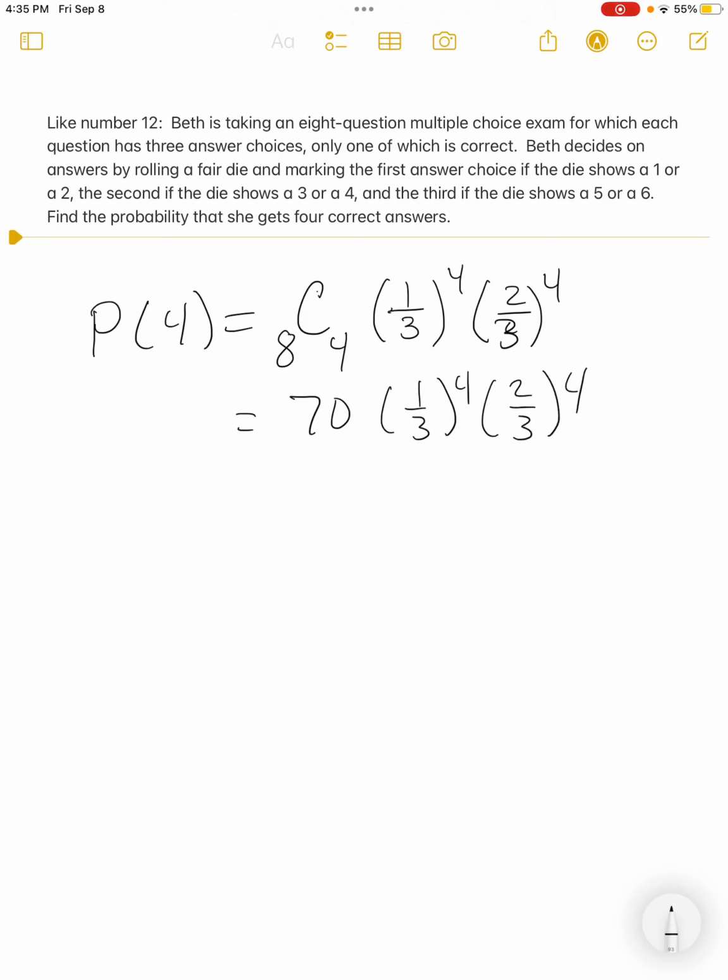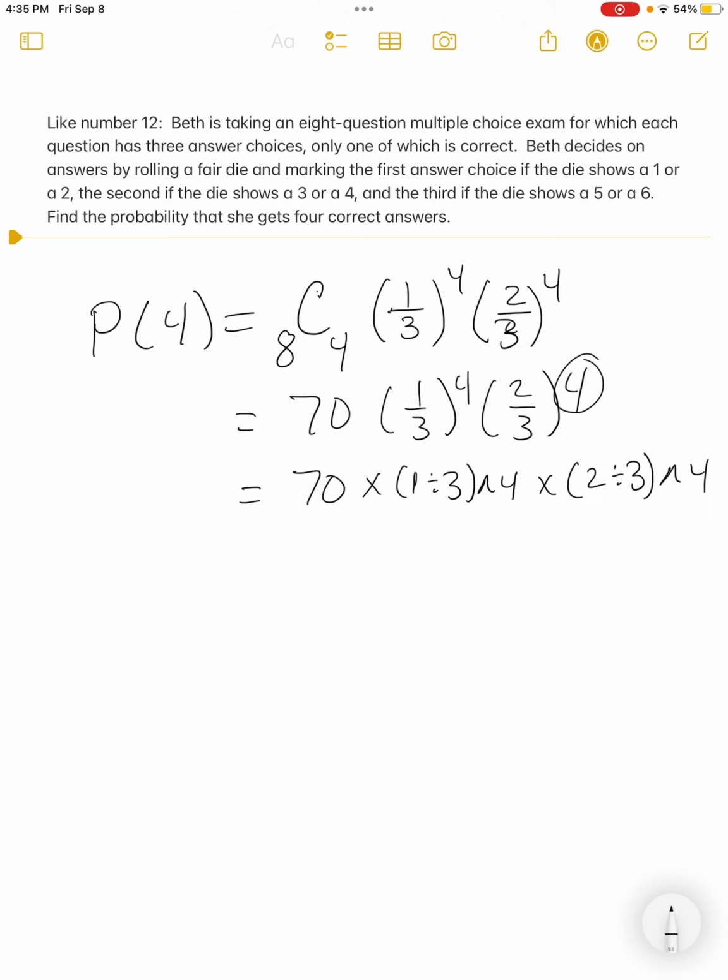I will look at the answer box and say, what does it want me to do? And if it says a decimal, I'm going to type 70 times 1 divided by 3 raised to the 4th times 2 divided by 3, remembering the parentheses, raised to the 4th. Again, this second 4 is because if you have 4 right out of 8, then you have 4 wrong out of 8.